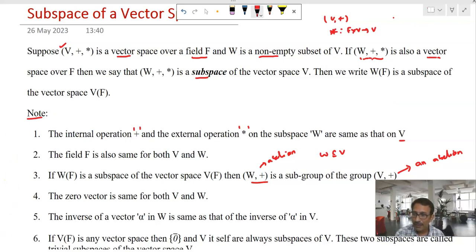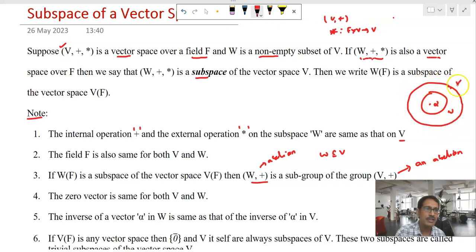Now next, the inverse, same. Suppose you have an alpha in W. The same alpha also exists in V because W is a subset of V, and (W, +) is a group, so you have the inverse of alpha. But (V, +) is also a group, so you have the inverse of alpha in V. But the inverse of alpha in W and the inverse of alpha in V are both the same, they are not different.